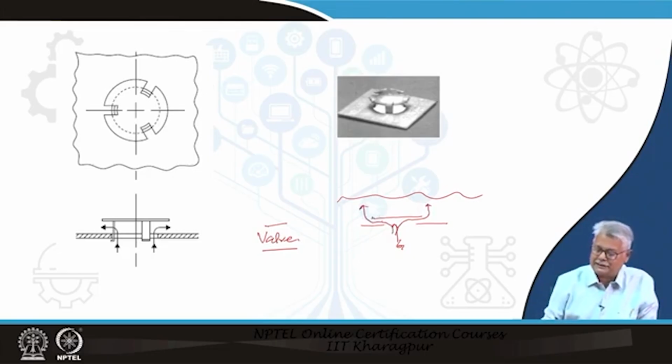Now, if I just leave my disc here, it will get shifted any moment. So, what is done is it is given 3 legs which are bent outside. So, what happens is initially your disc is here with the legs like this.